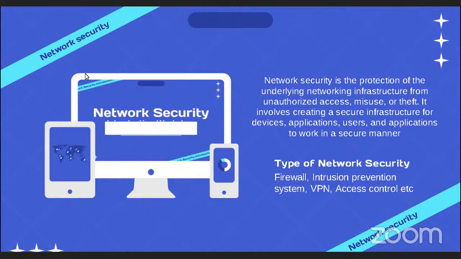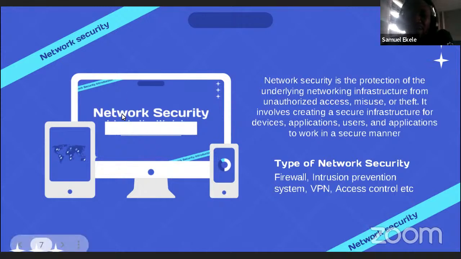What types of network security do we have? We have your firewall, intrusion prevention systems, VPN, and access control. Let me talk a little bit about them, right? Like your firewall, it's just to filter inflow traffic, right?